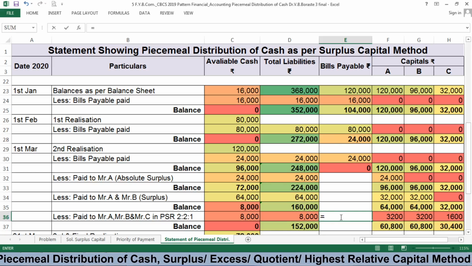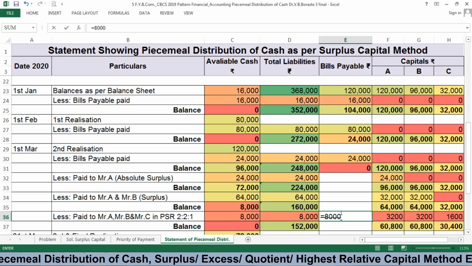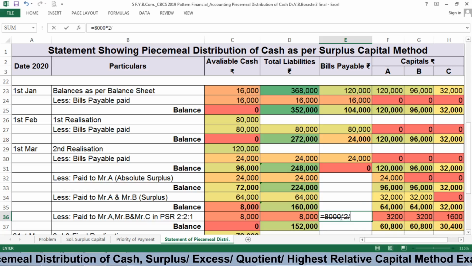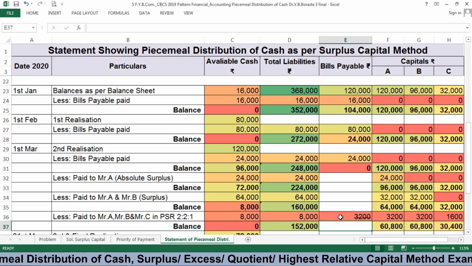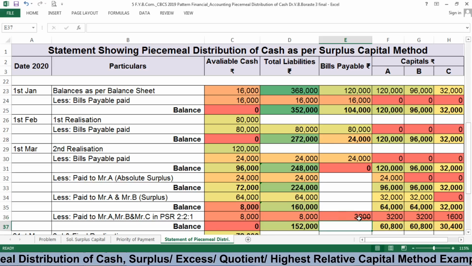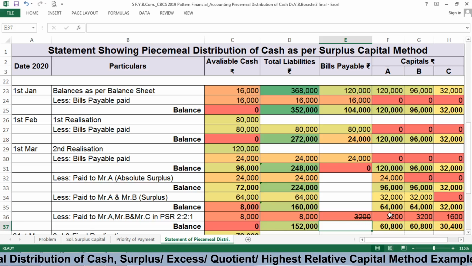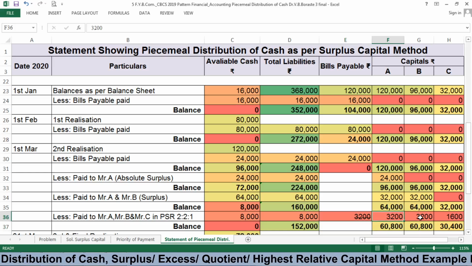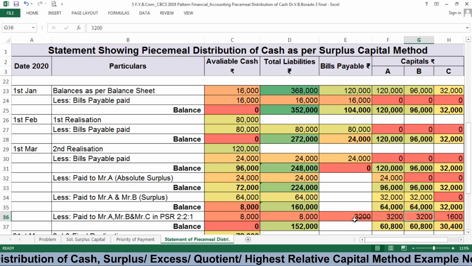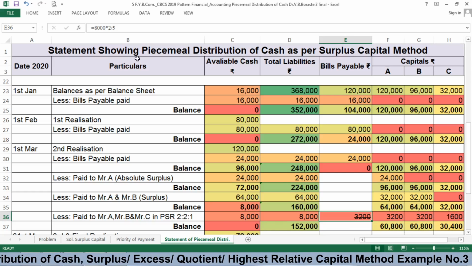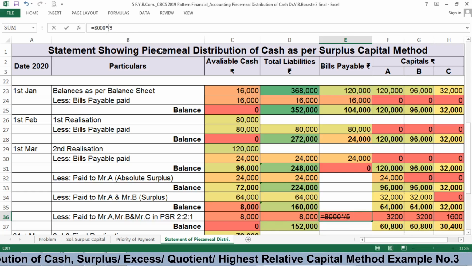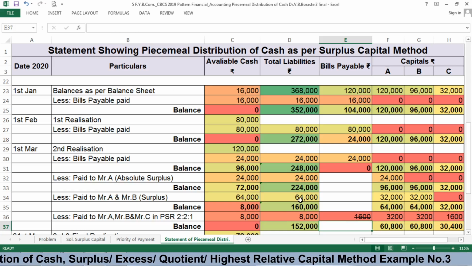So here we can calculate 8,000 divided by 5 into 2. It comes to 3,200. That means 3,200 will be received by A, 3,200 will be received by B, and for one share, the share of Mr. C is 1,600.